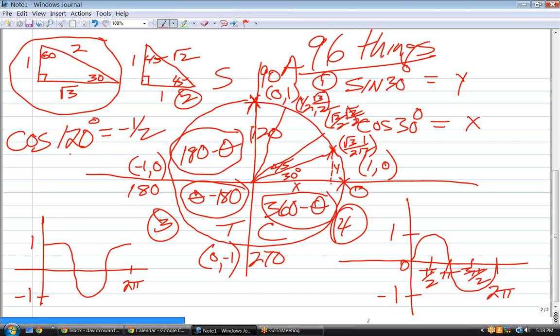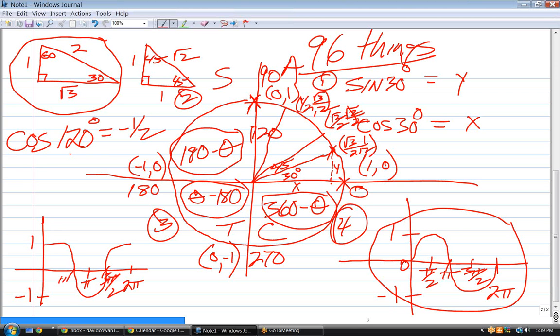Notice that every single thing on this page is at most 4 things to memorize, including these graphs down here. The 4 things you need to memorize are these 4 quarter points. And these 4 quarter points are the same. That's pi. That's 3 pi over 2.